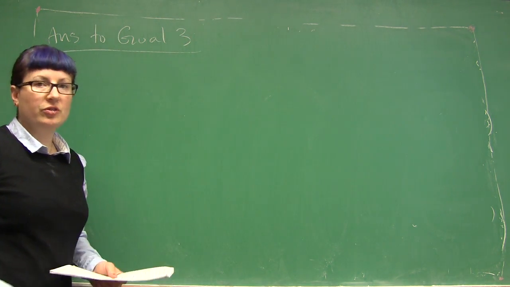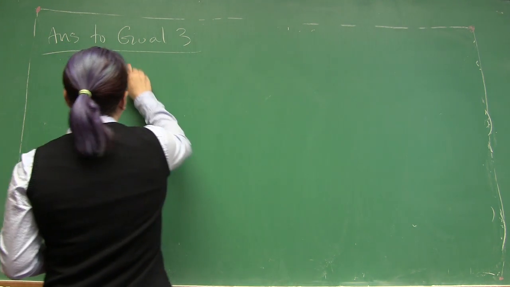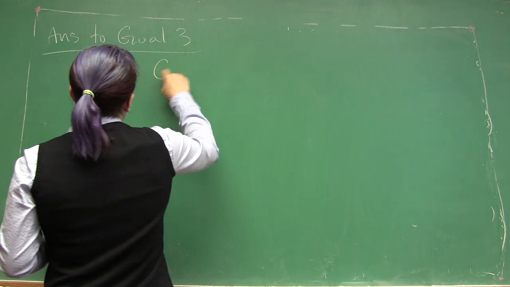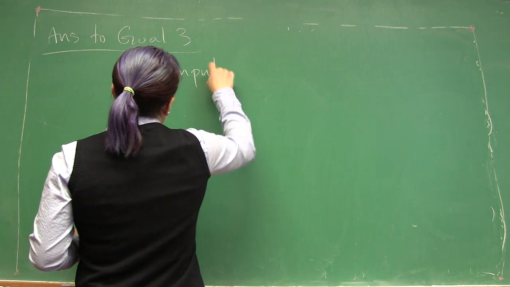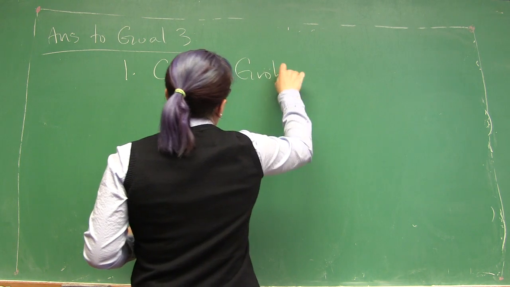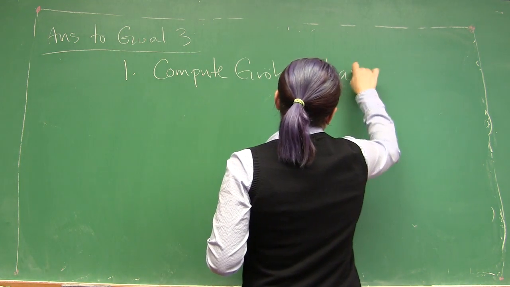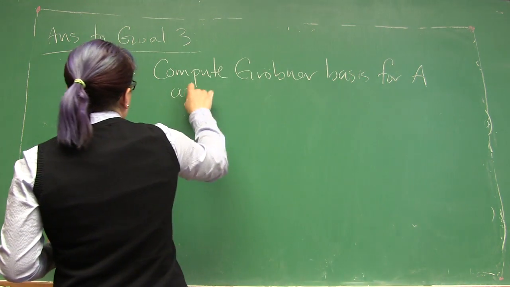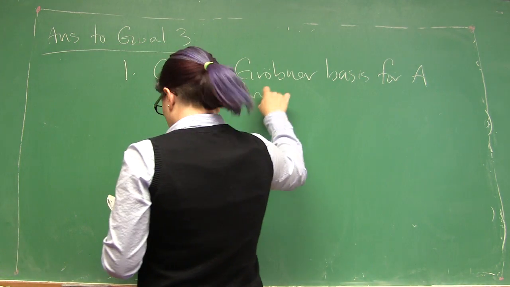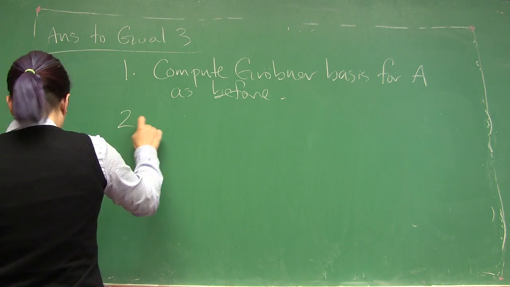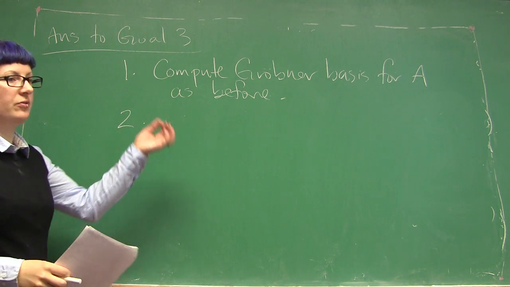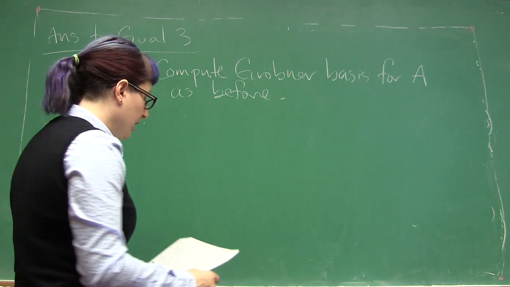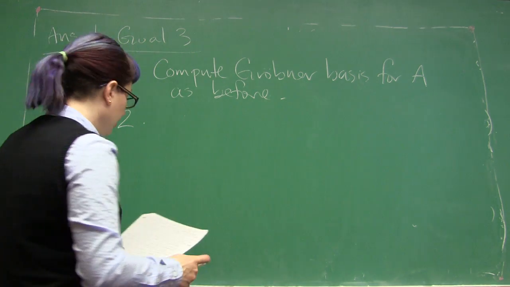So what we do is we first, again, compute the Grobner basis for A, as before. Now what we do is we check and see if the results of that Grobner basis are of the form xi minus polynomials in y, where each xi occurs.